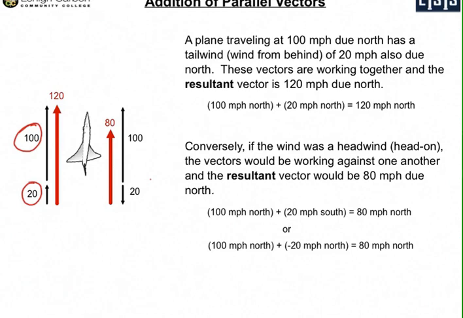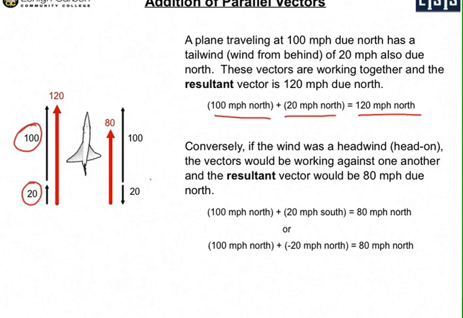Those vectors will add, because they're in the same direction: 100 miles per hour due north, plus that tailwind helping it at 20 miles per hour, also north. You end up with an overall speed of 120 miles per hour going due north.